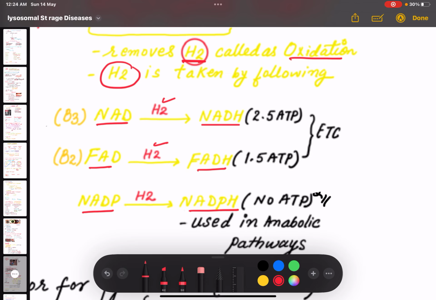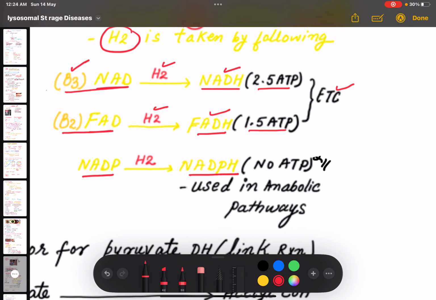Remember, FAD is also known as vitamin B2, and NAD is also known as vitamin B3. This NADH, once it goes to the electron transport chain, gives us 2.5 ATP. FADH gives us 1.5 ATP.